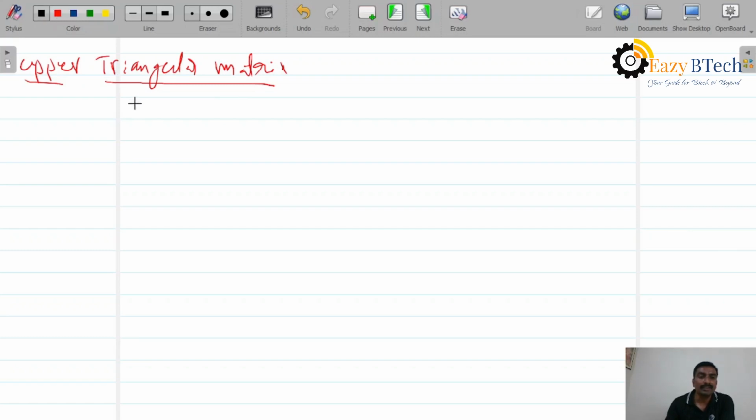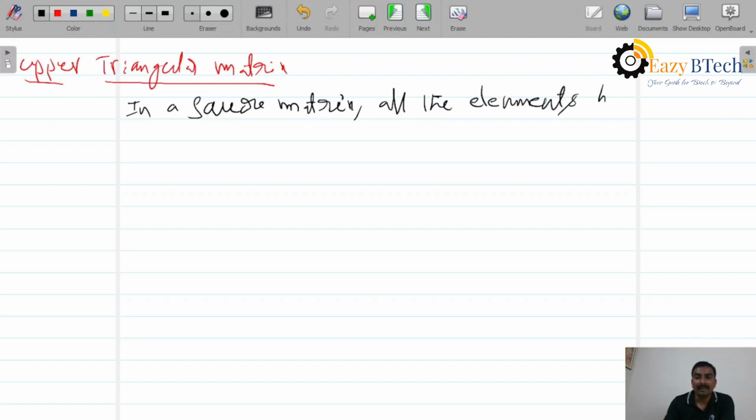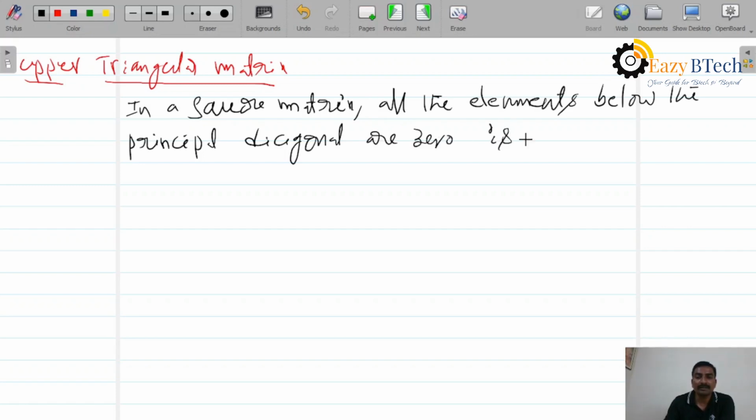See the definition: in a square matrix, all the elements below the principal diagonal are 0 is called an upper triangular matrix.